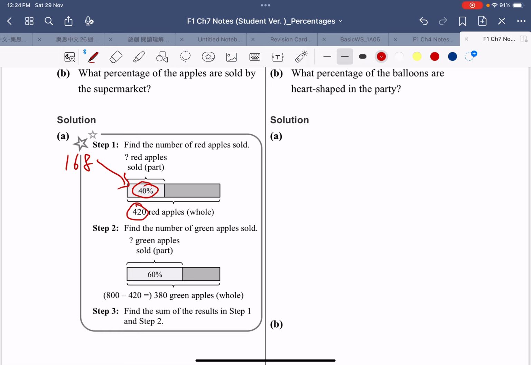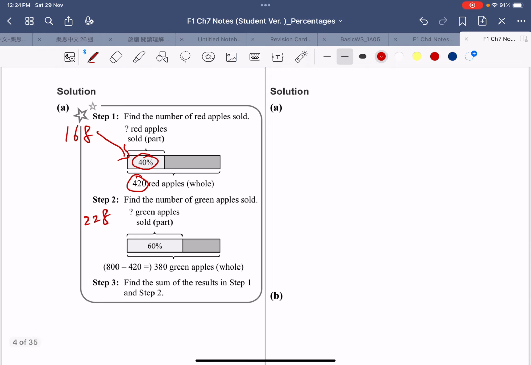The same thing will give you 228 out of this number. So what is the total sold? Step 3 will be to add up these 2 numbers. 168 added to 228 is the total number of fruits sold.